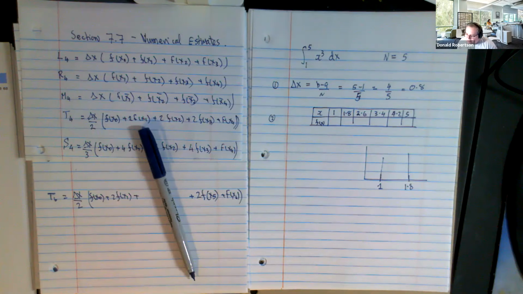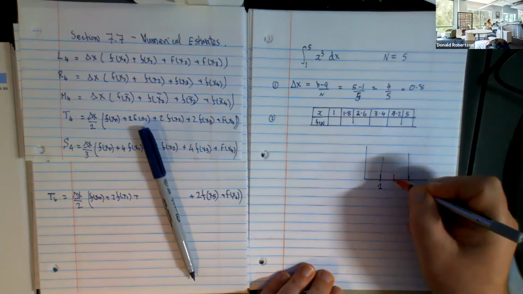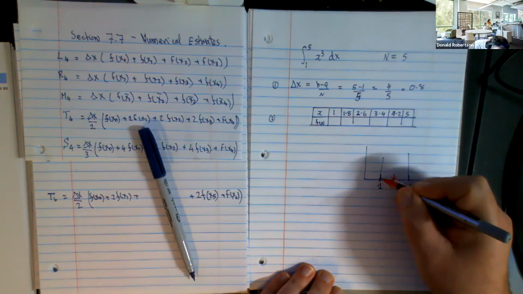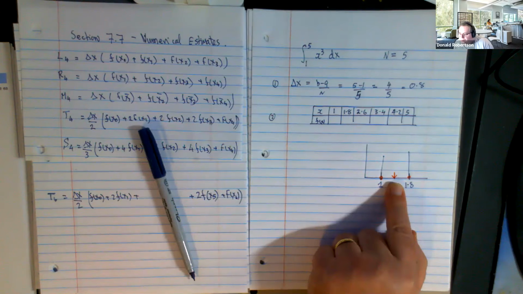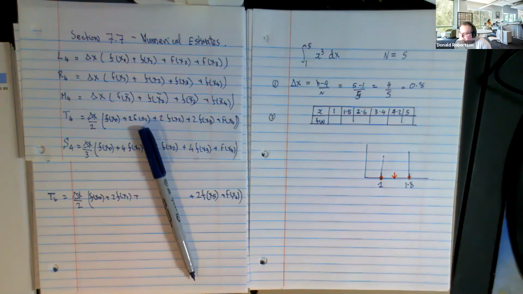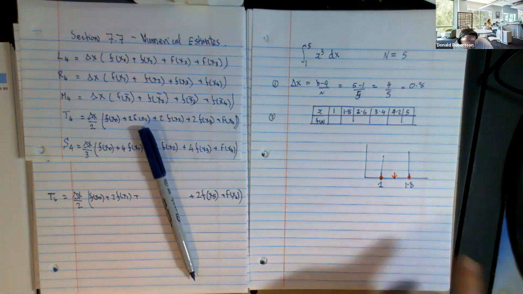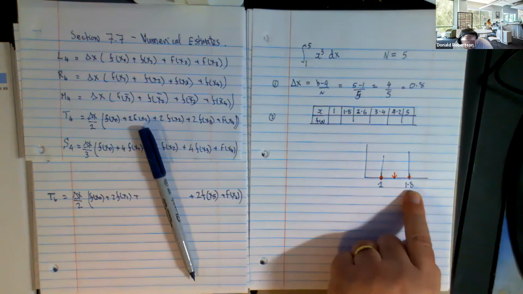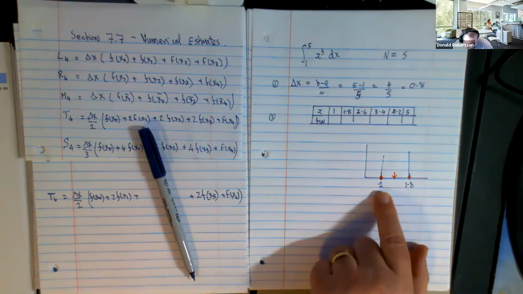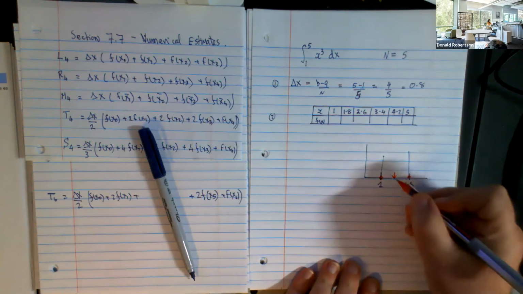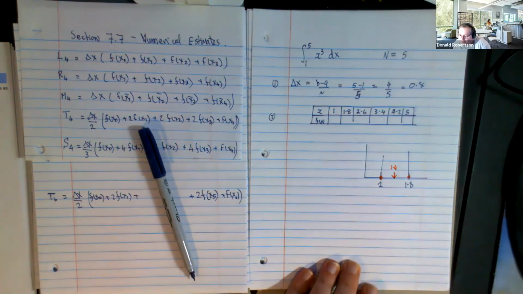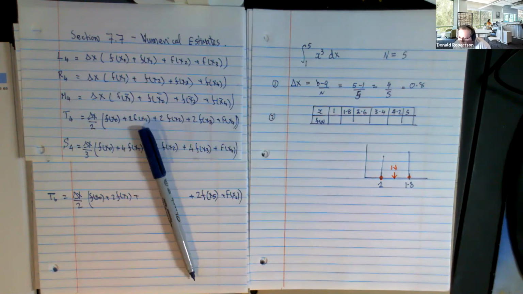The midpoint gets its name because the x coordinate that you use isn't either that or that. It's the guy in the middle, the midpoint. Now, if this guy is 1 and this guy is 1.8, wouldn't the middle be 1.4? Are you happy where I got the 1.4 from?